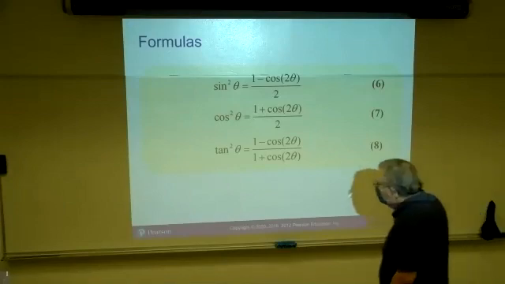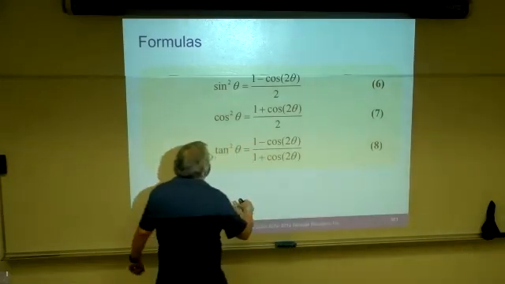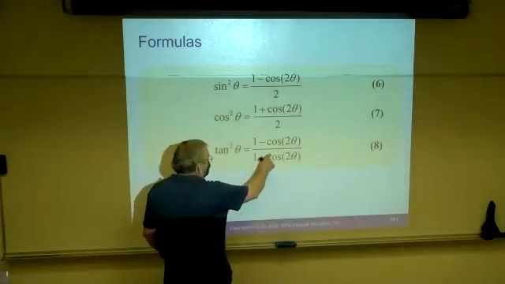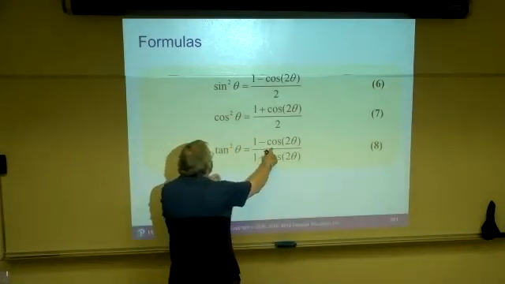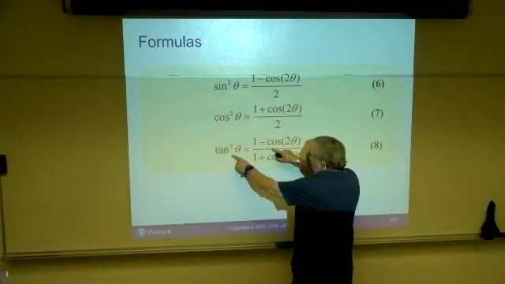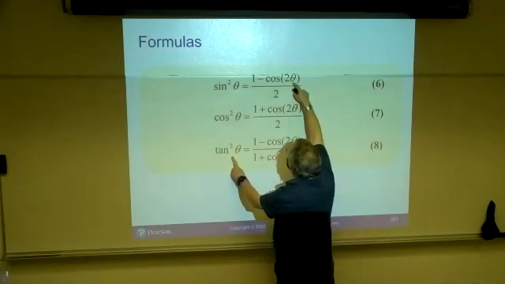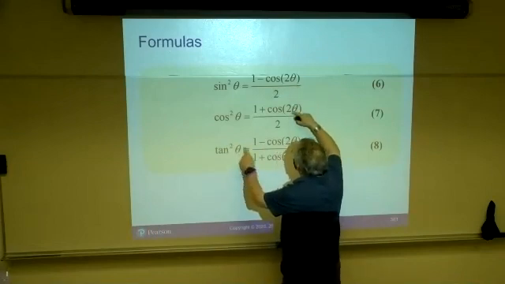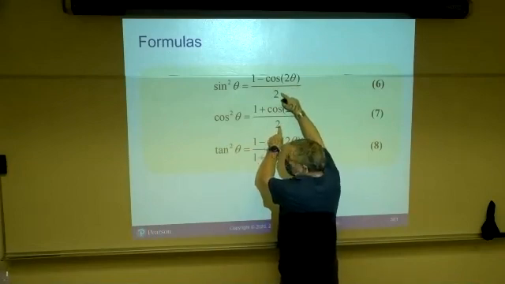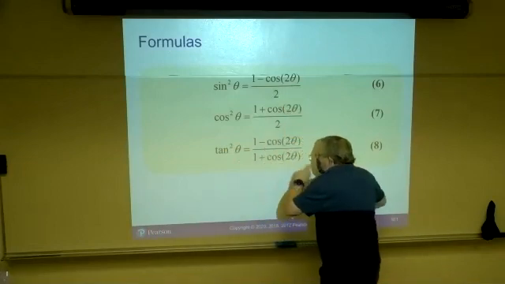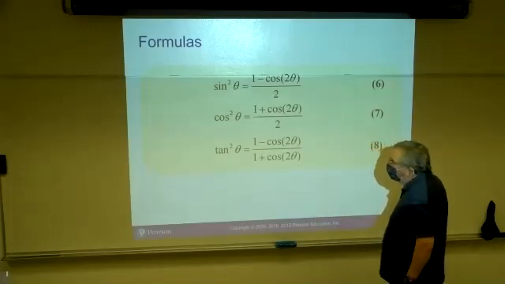And I can rewrite tangent squared as 1 minus cosine over 1 plus cosine. See, because tangent is sine over cosine, so that would be this over this. And the 2's would go to 1, the denominators would go to 1, and you'd be left with this.